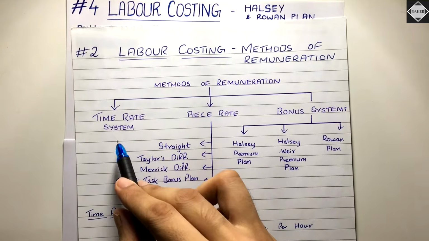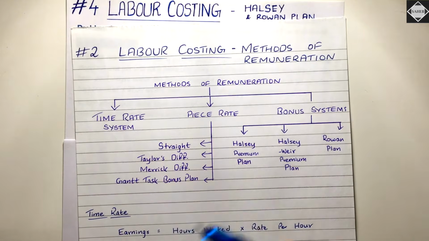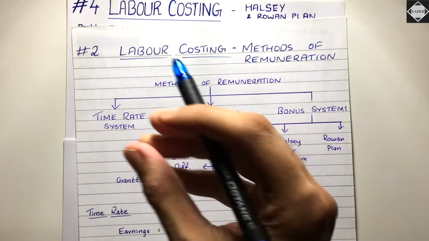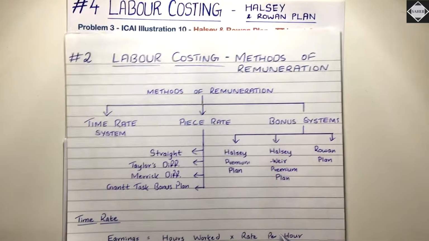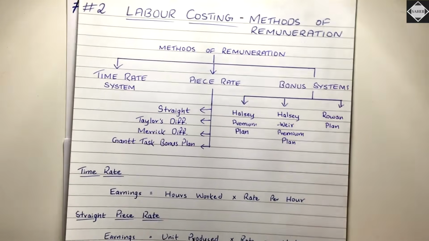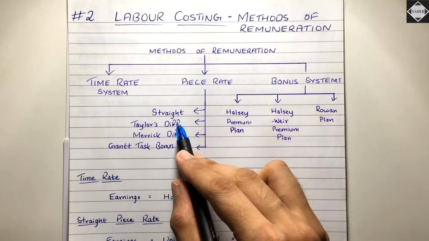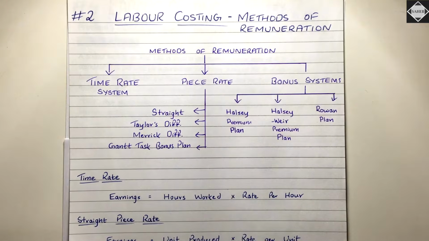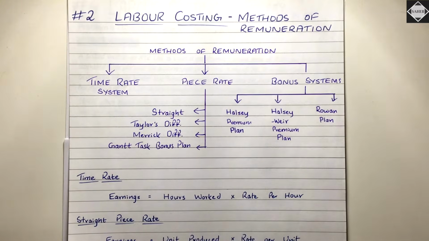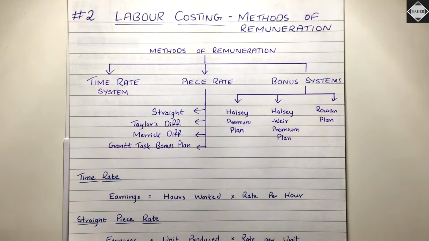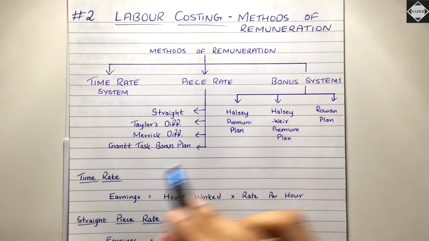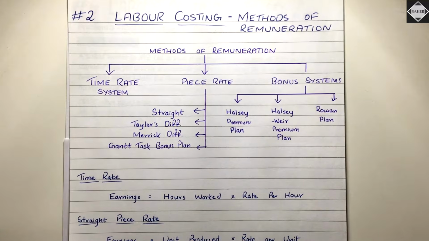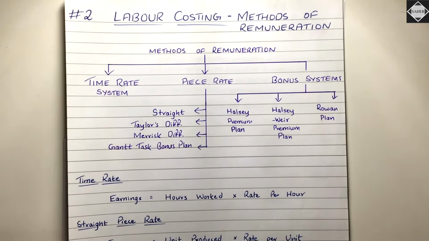We had the time rate system, which is the number of hours the employee has worked into the time rate. Then we moved on to the piece rate systems. We had four: straight piece rate system, Taylor's differential piece rate system, Merrick differential piece rate system, and Gantt bonus plan. We have covered the first three and solved problems on them. We haven't covered the Gantt bonus plan. I'll make a separate video on that later.